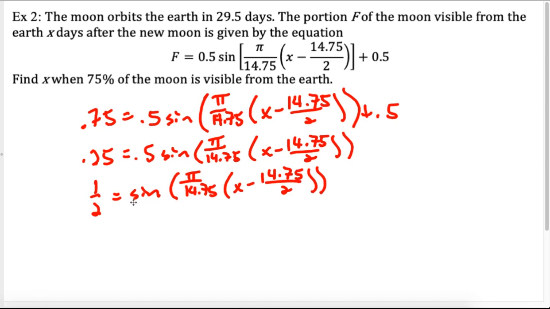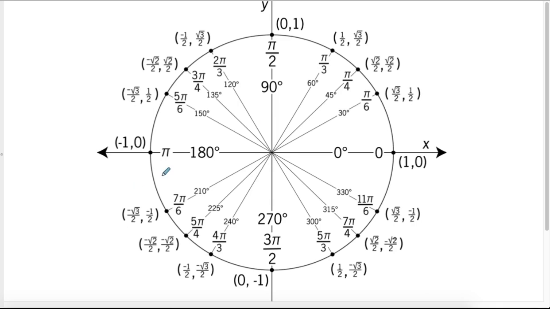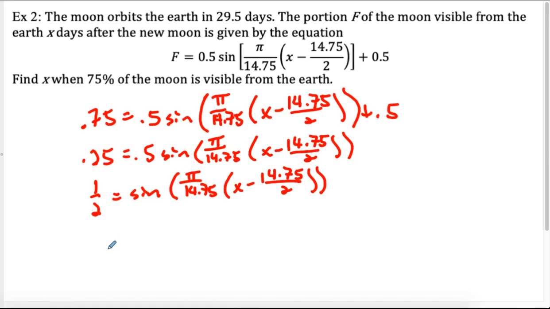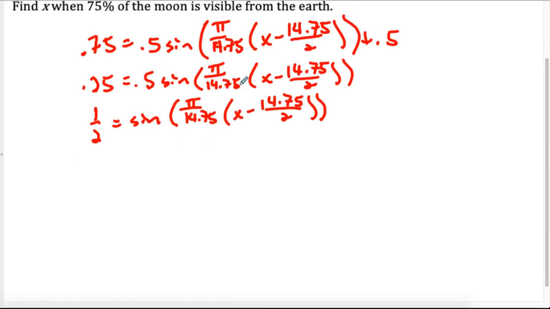Now we can go to the unit circle and see where sine is equal to 1/2. Well, that occurs at pi over 6 and 5 pi over 6. So we're just going to take the whole thing that's on the inside and set that equal to pi over 6 and 5 pi over 6.